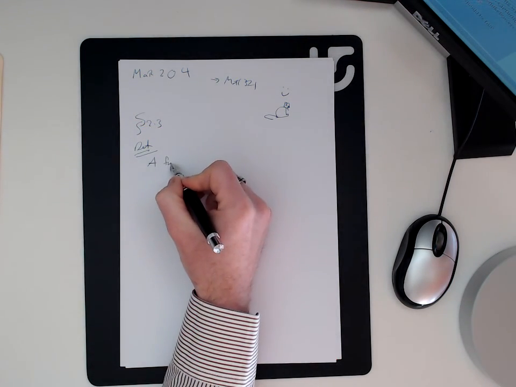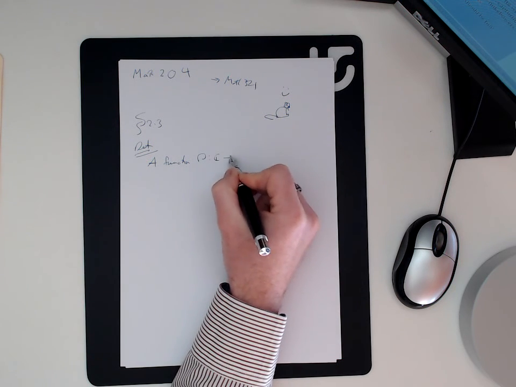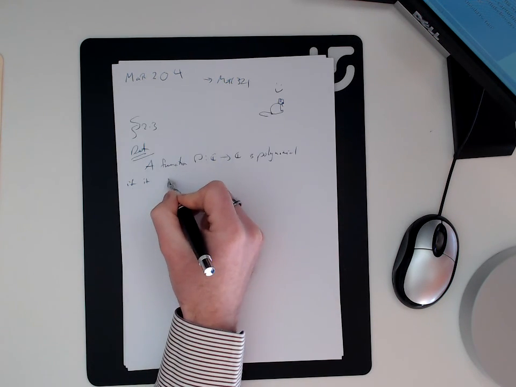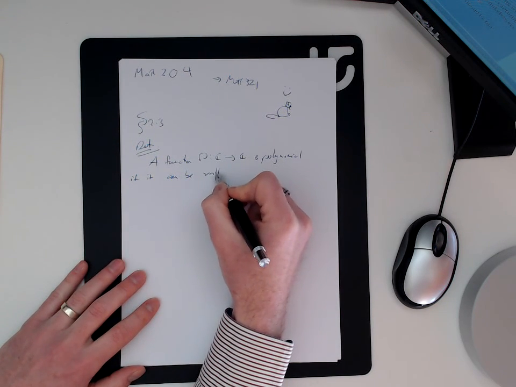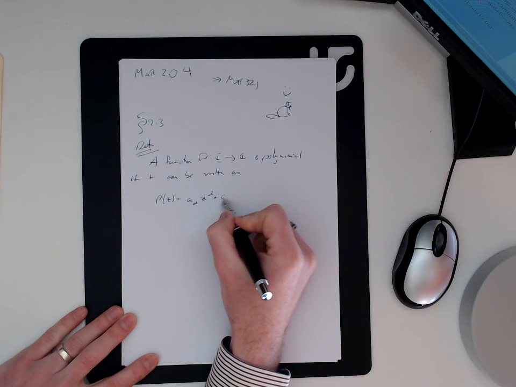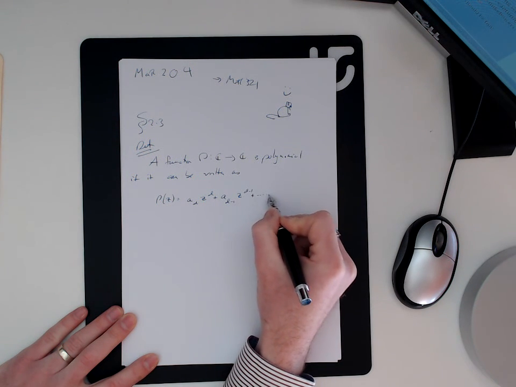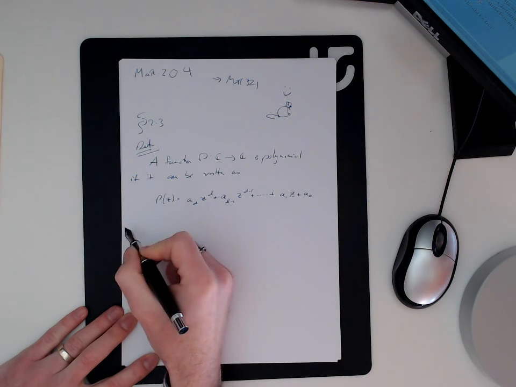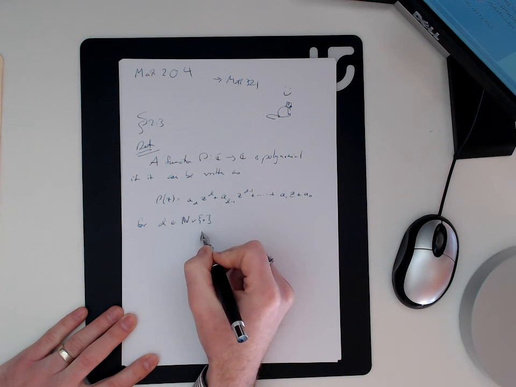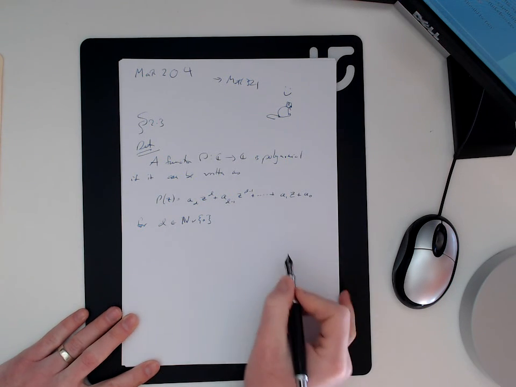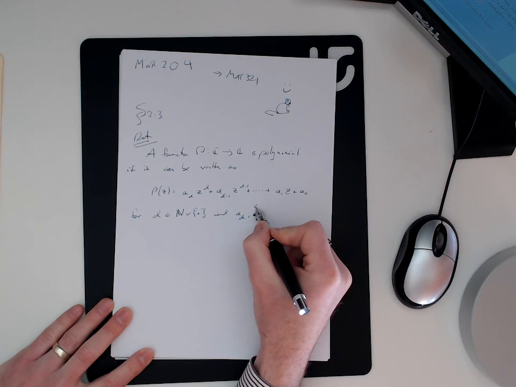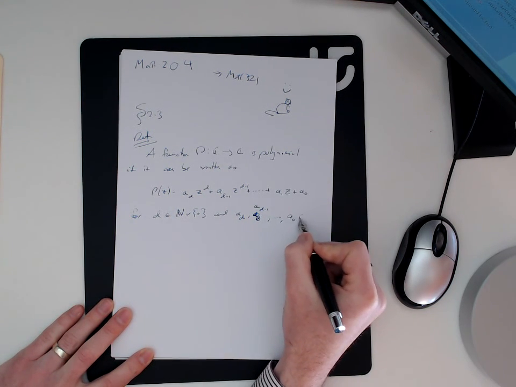A function P from the complex numbers to the complex numbers is a polynomial if it can be written as p(z) = a_d z^d + a_{d-1} z^{d-1} + ... + a_1 z + a_0, for d an element of the natural numbers union 0, because we're not considering 0 to be in our natural numbers in this class, as I have just discovered, and a_d down to a_0 inside the complex numbers.